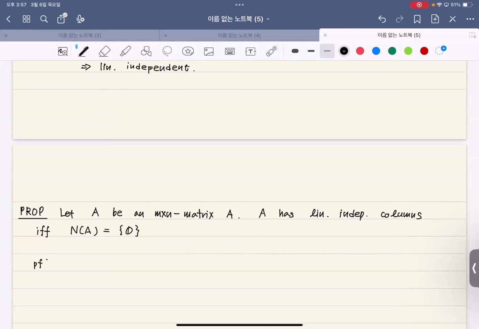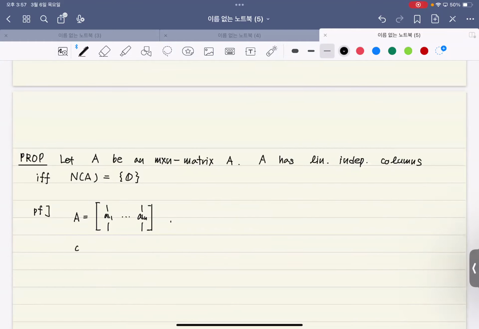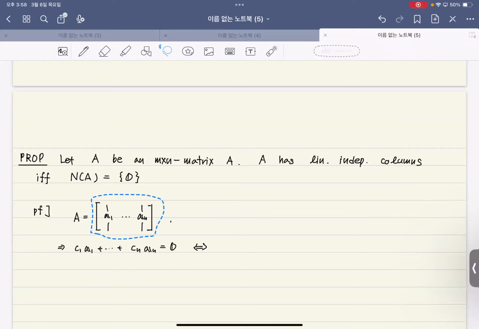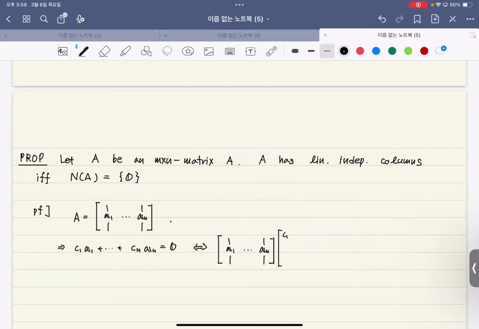Actually, I don't need to prove anything about this. If my matrix A consists of these columns, then C1 A1 plus and so on plus Cn An equals 0 is the same as the matrix A times the vector (C1, ..., Cn) equals 0. So if you can find any non-trivial solution of this matrix equation, that means this vector equation has a non-trivial solution.